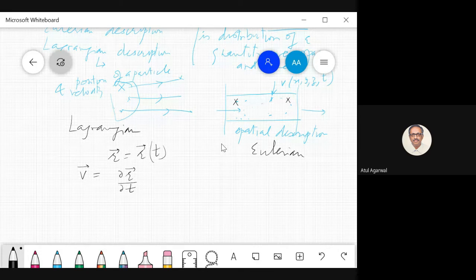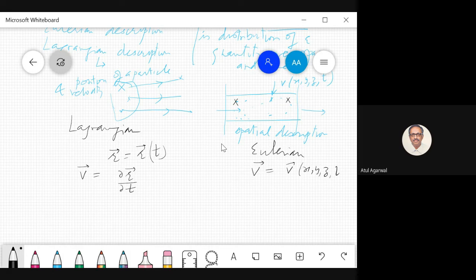Now I have an Eulerian description. So I give the velocity description as a function of position and time, and what is the acceleration of the particle here? Because you are giving the velocity variation as a function of time, you can just directly take the derivative with time. And how here will you calculate the acceleration?